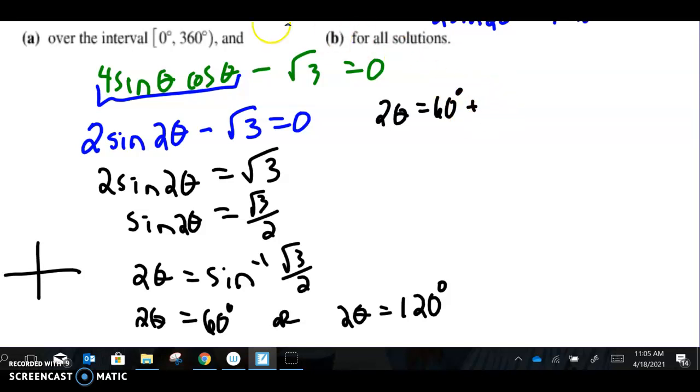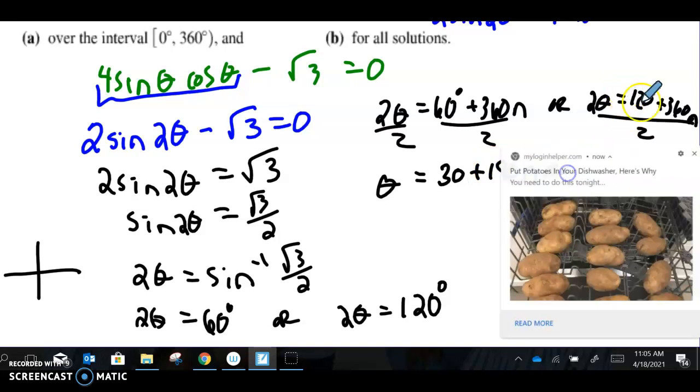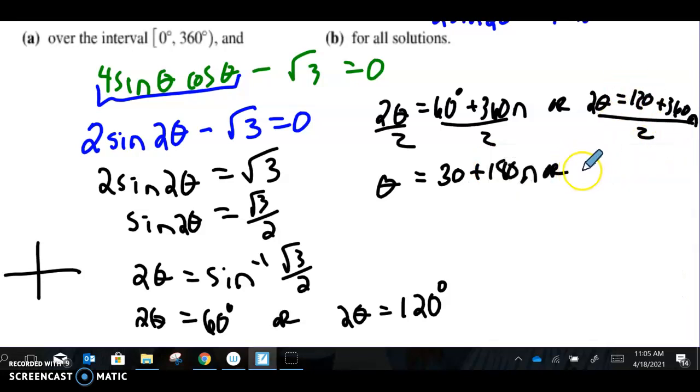That's right, this is degrees. 60 degrees plus 360 n, or twice theta equals 120 plus 360 n. And then I'm going to divide by 2 to get theta equals 30 plus 180 n, or theta equals 60 plus 180 n.